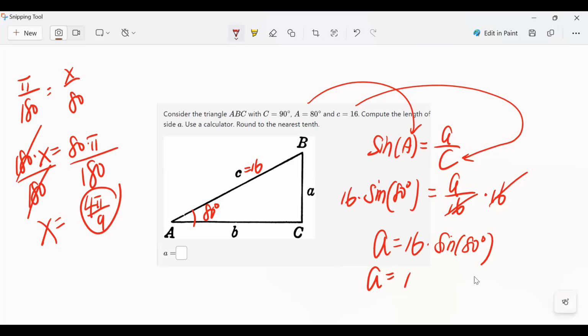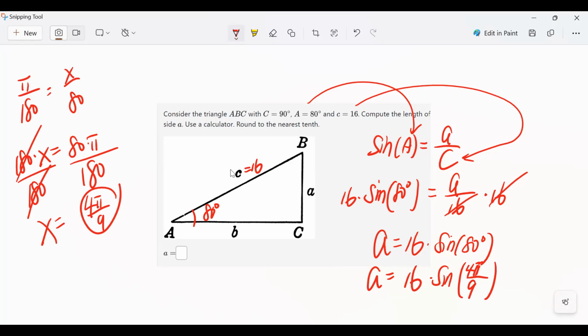So this is the same thing as 16 times sine 4 pi over 9. Some of your calculators may not have the degree measurement. You have to change the setting for the degree measurement. So it's usually easier to put in the radian measurement. It will work everywhere. Right?